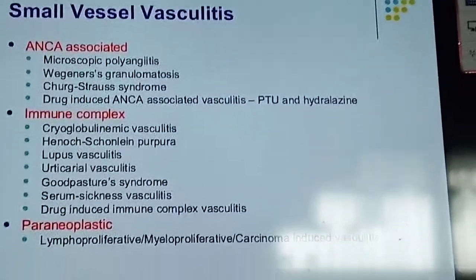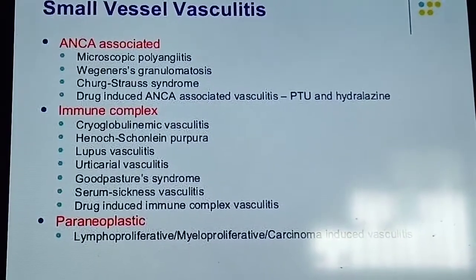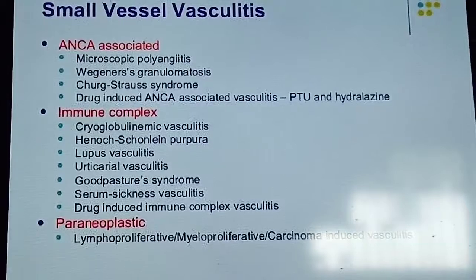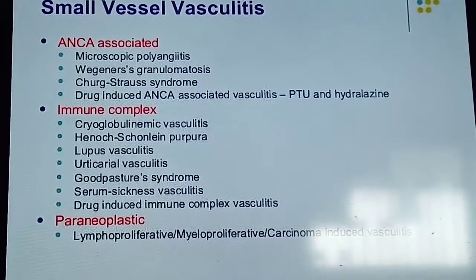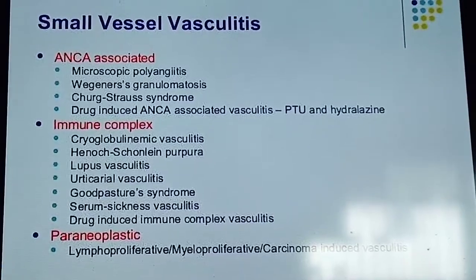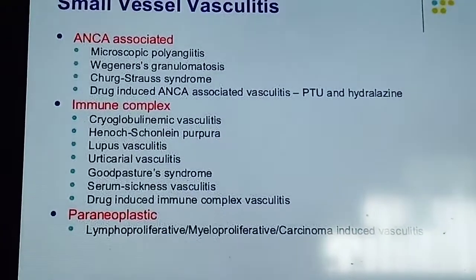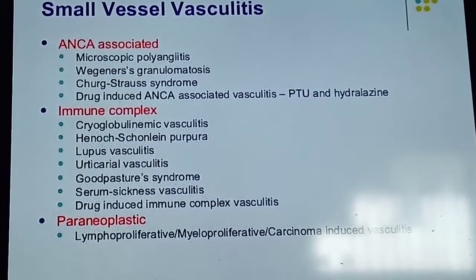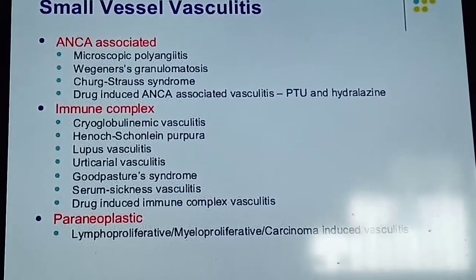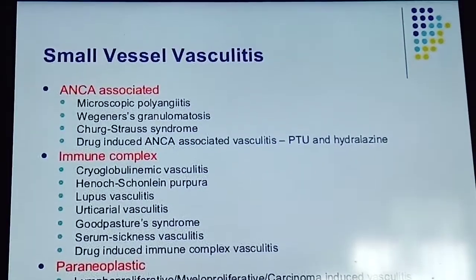Small vessel vasculitis may be ANCA associated, immune complex mediated, or paraneoplastic. ANCA associated includes microscopic polyangiitis, Wegener granulomatosis, Churg-Strauss syndrome, and drug-induced ANCA associated vasculitis, where propylthiouracil and hydralazine are drugs that may lead to it.